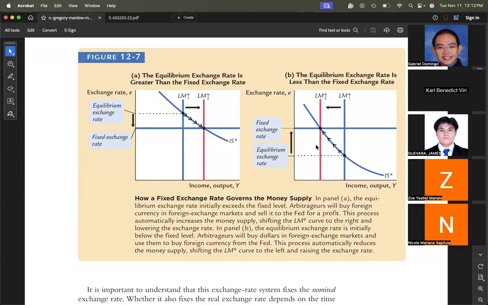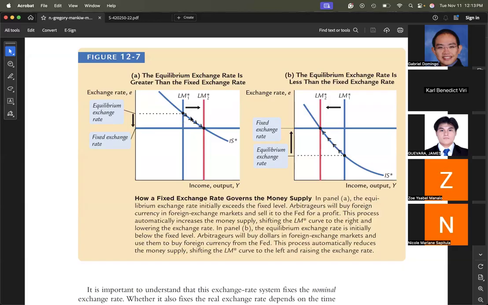automatically. And then kabaliktaran naman dito, guys, in the opposite case, the equilibrium or market exchange rate is higher than the official or fixed exchange rate here. And then what will happen is that now people want domestic currency from the official rate, from the BSP. And therefore, they will now sell foreign currency to get more domestic currency.